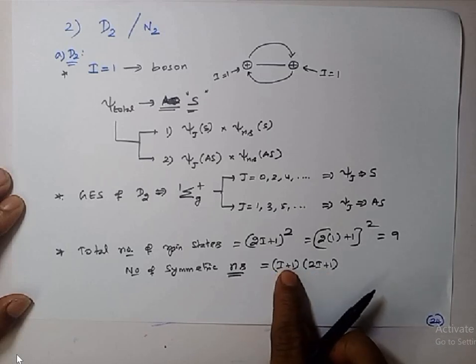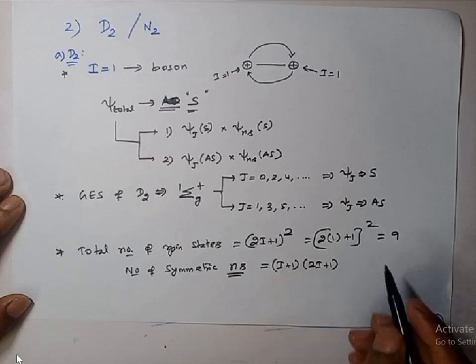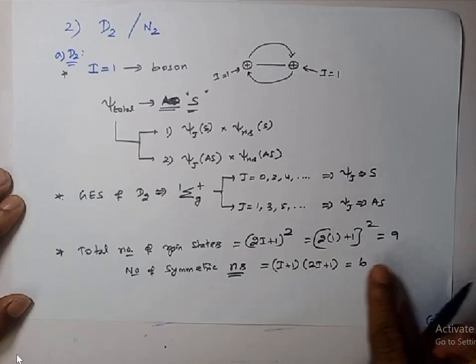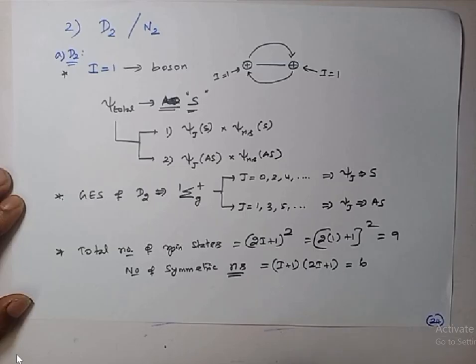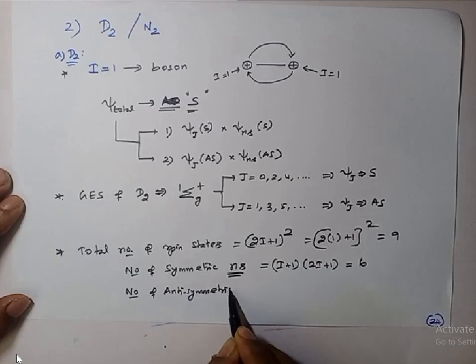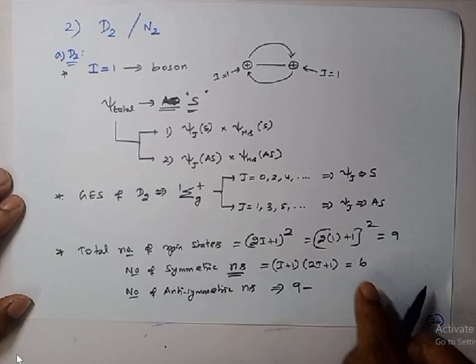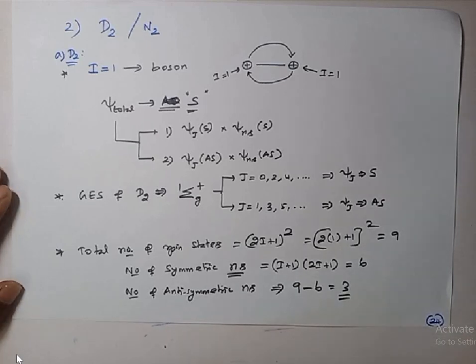So 1 plus 1 is 2, and 2 into 1 plus 1 is 3. 3 into 2, we get the answer as 6. So out of 9, 6 states are symmetric nuclear spin states. And the number of anti-symmetric nuclear spin states: the total is 9, 6 are symmetric, so the remaining 3 are anti-symmetric.